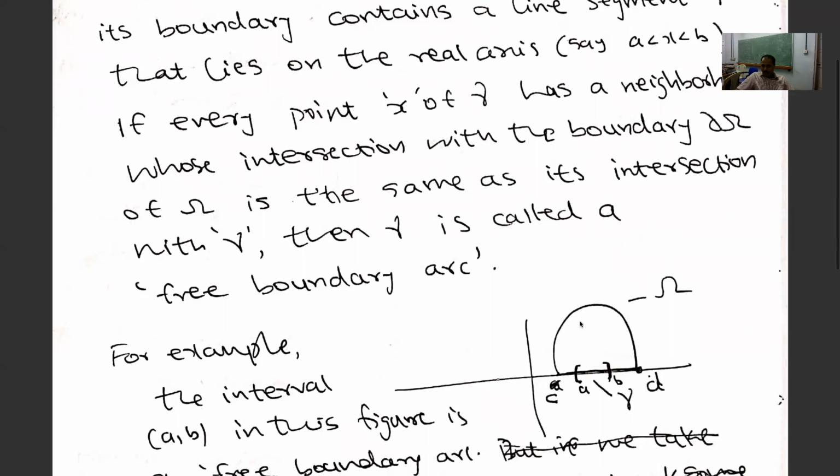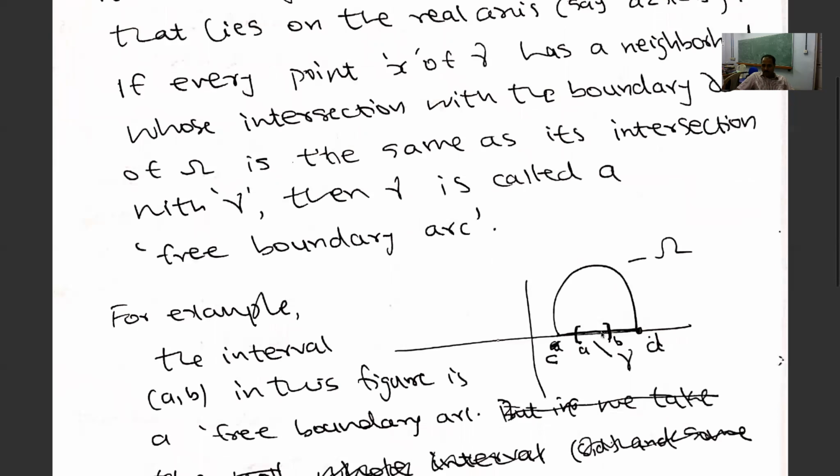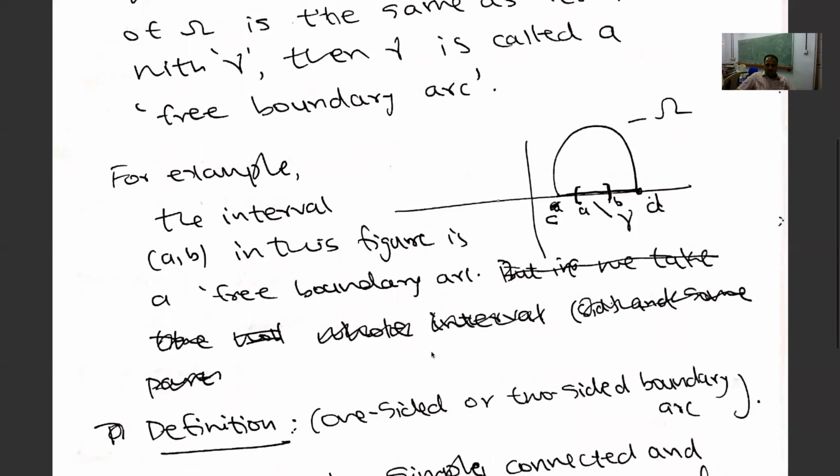For example, if you consider this region as omega, then any sub-interval here will be a free boundary arc, because at any point you have a neighborhood such that the boundary of omega intersects only this line.